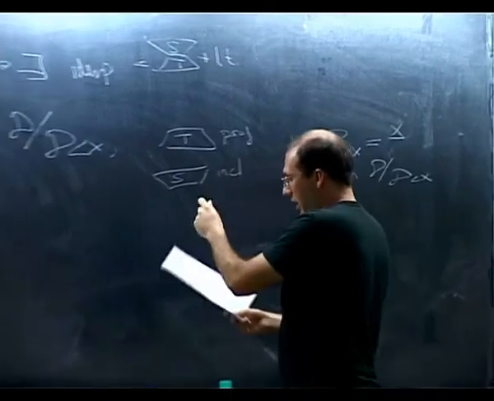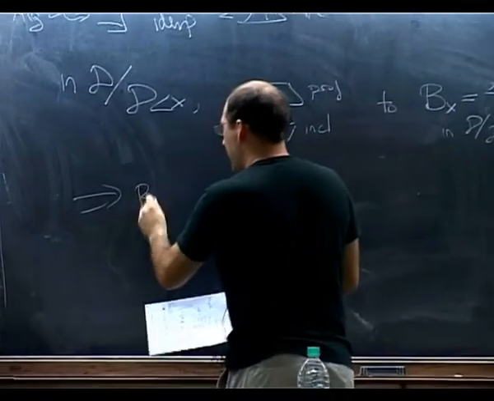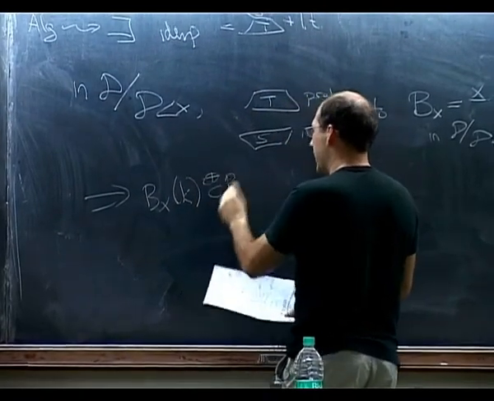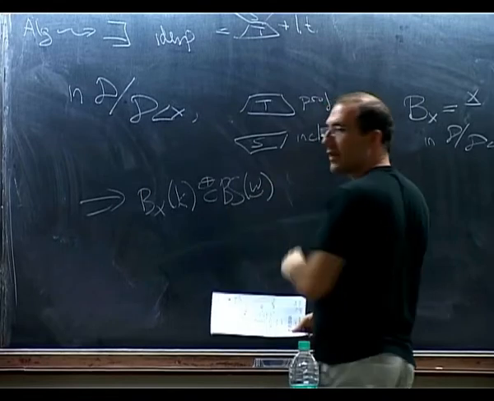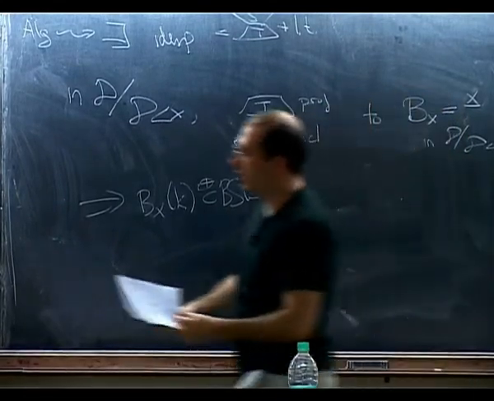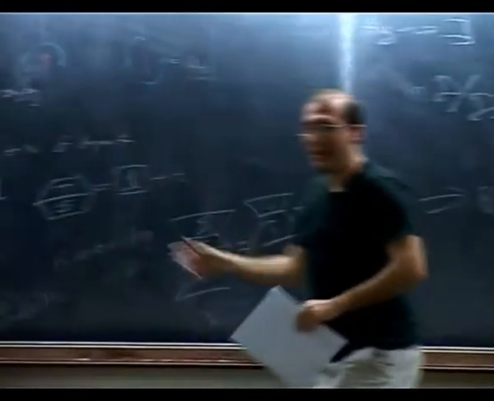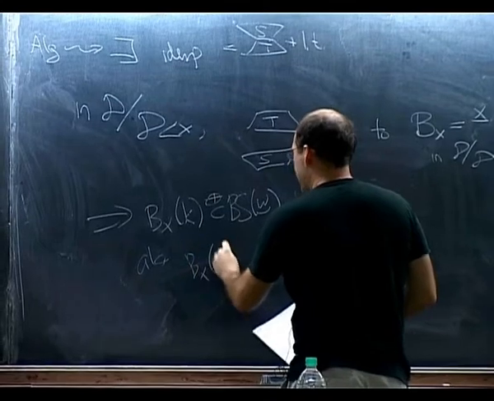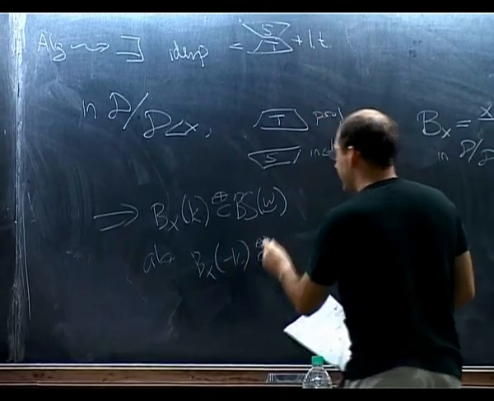And so in particular, that implies that Bx shifted by K is a summand of BSW. And then if you flip this upside down, it still pairs to the identity. So also, Bx shifted by minus K is a summand.